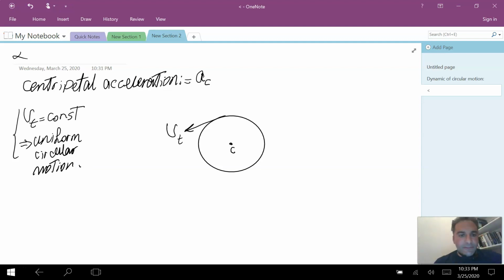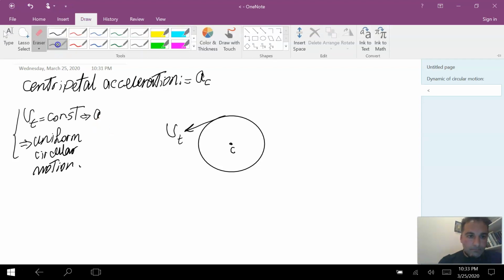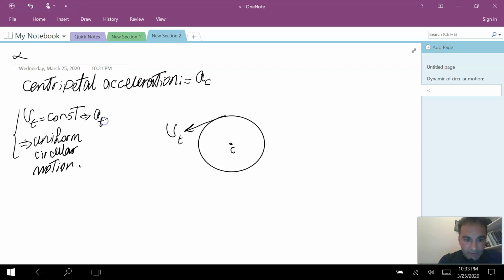Let's say Vt is constant. Therefore, this gives us tangent acceleration, and At is 0. Even if tangent velocity is not constant, we still have the acceleration that I'm talking about.